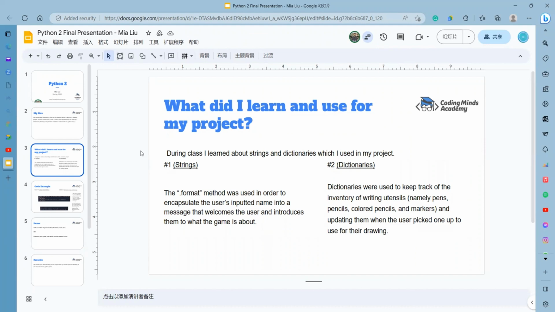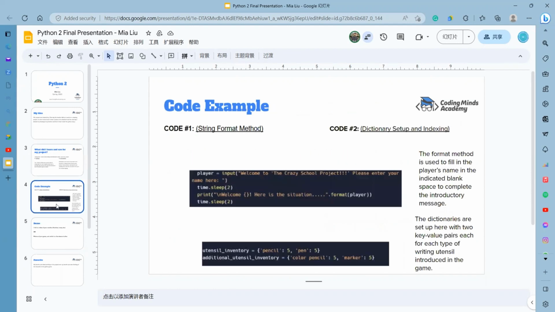Dictionaries were used to keep track of the inventory of writing utensils, namely pens, pencils, colored pencils, and markers, and updating them when the user picks one up to use for their drawing.